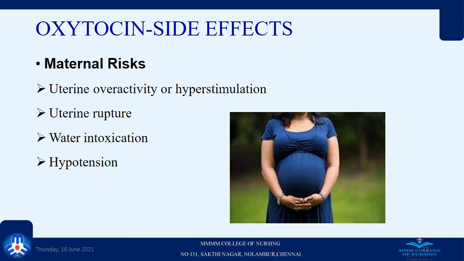Next is hypotension, where the blood pressure will be reduced, the systolic blood pressure less than 90 millimeter of mercury and the diastolic blood pressure less than 60 millimeter of mercury. So these are some of the side effects of oxytocin in case of maternal condition.